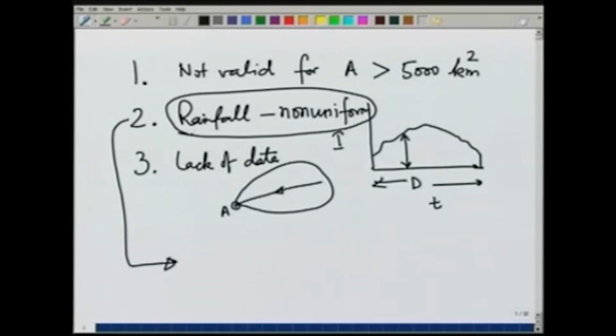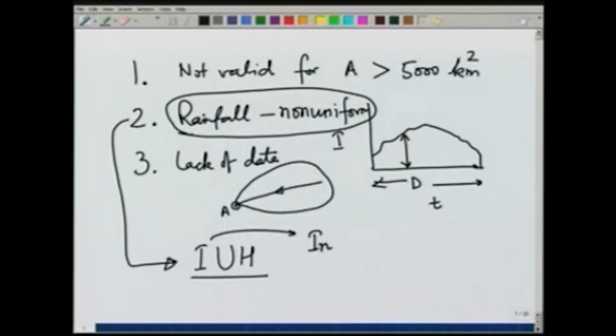We use a method which is known as IUH, or instantaneous unit hydrograph. I stands for instantaneous, and UH of course is the unit hydrograph. So, let us look at what is an instantaneous unit hydrograph and how do we use it to generate direct runoff for a non-uniform rainfall.